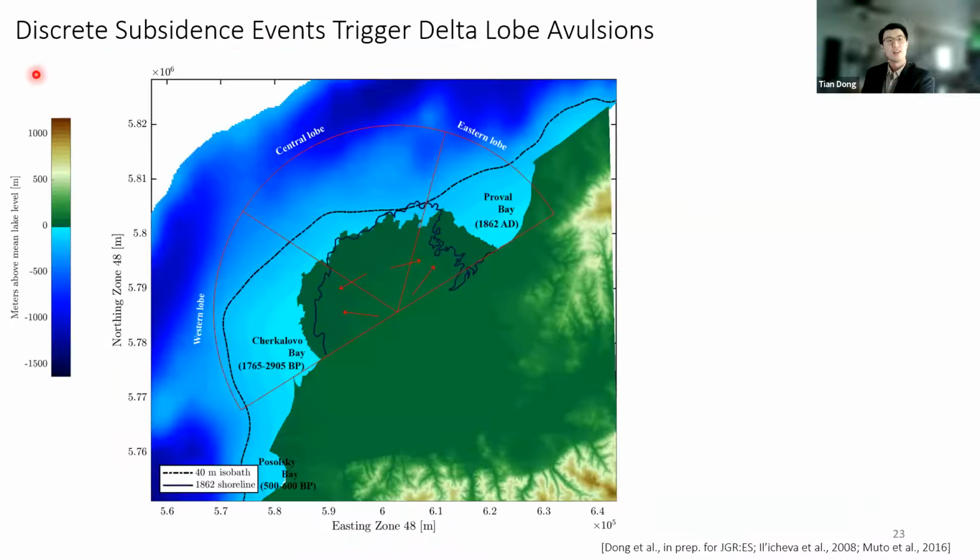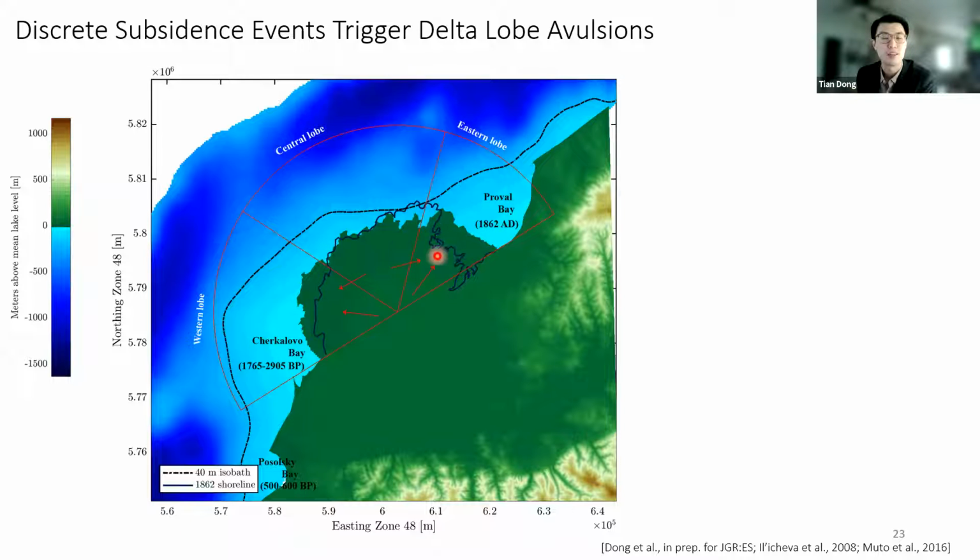And then just to remind everyone, we know that these discrete subsidence events trigger delta lobe avulsions on the Selenga Delta. Here I'm showing a map of the delta again, in particular the elevation map as well as the bathymetry map of the lake. This black line is the 1862 shoreline, and the green is more recent, around 2002 or so.